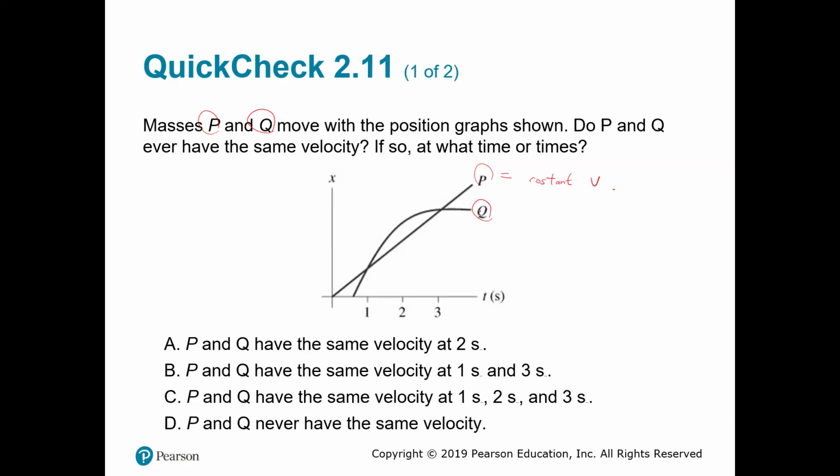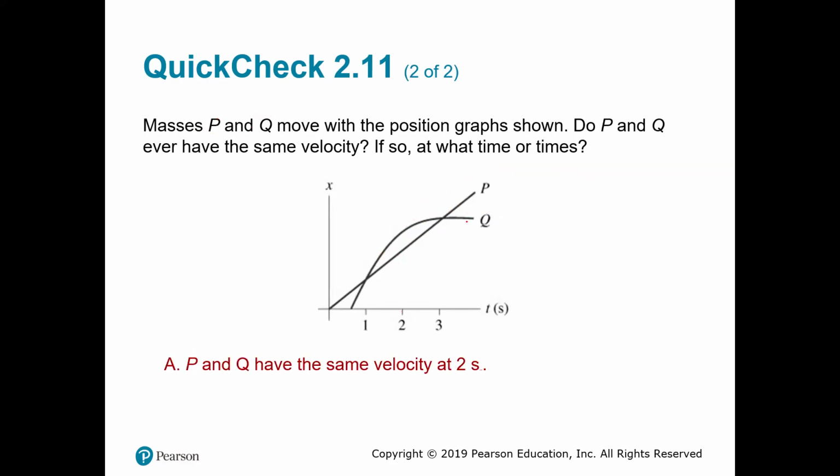Q has a varying velocity, but find the position whose tangent line is the same as the slope of P, which is somewhere here. So right at this moment, motion 2 has a velocity identical to Q.